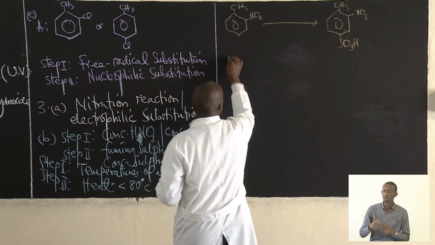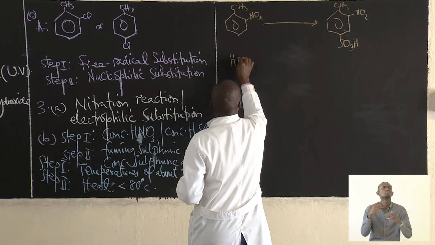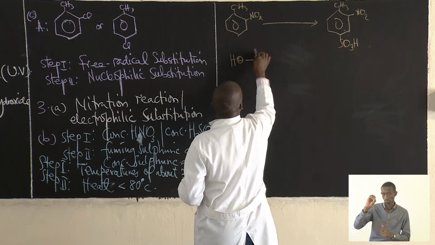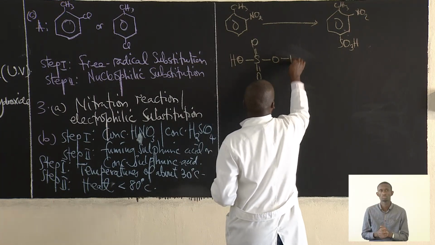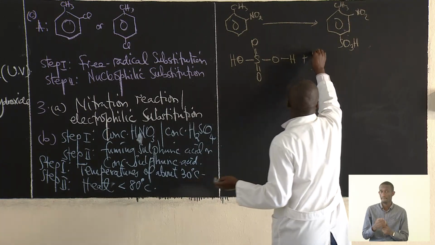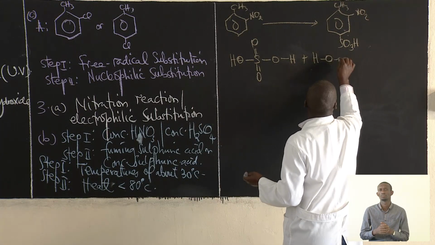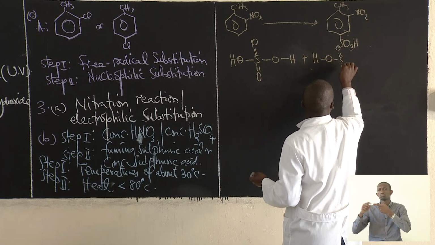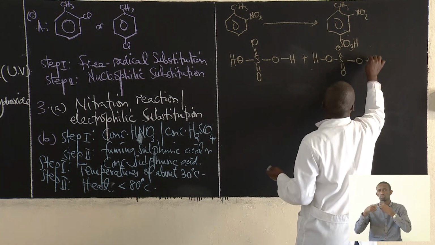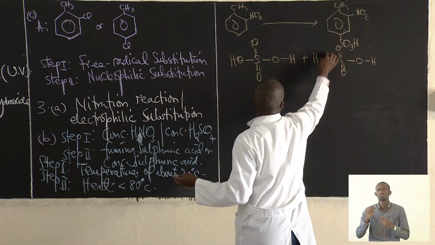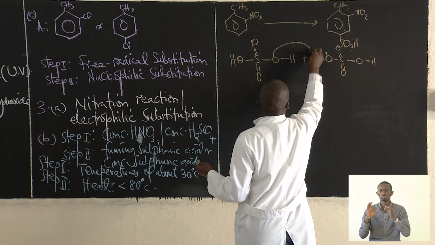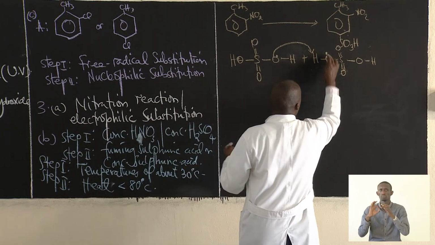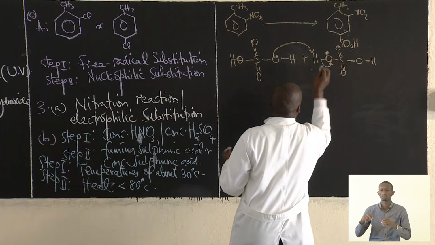So what happens here, this is the sulfuric acid. Remember, this one has two, they protonate each other. So this one has to be protonated, has to remove the hydrogen ion, and then this one has to form.